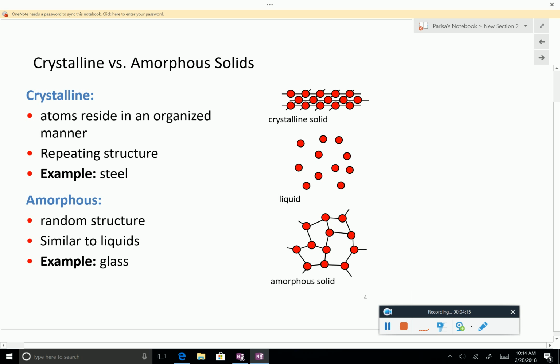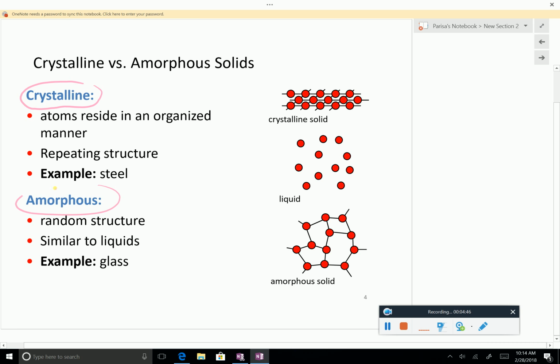It turns out that materials may be very well ordered, like you see up there, nicely and densely packed together, or they may be very randomly oriented, almost like a liquid, but they have some bonds in between them. In the first case, we call them crystalline microstructure, so crystals.